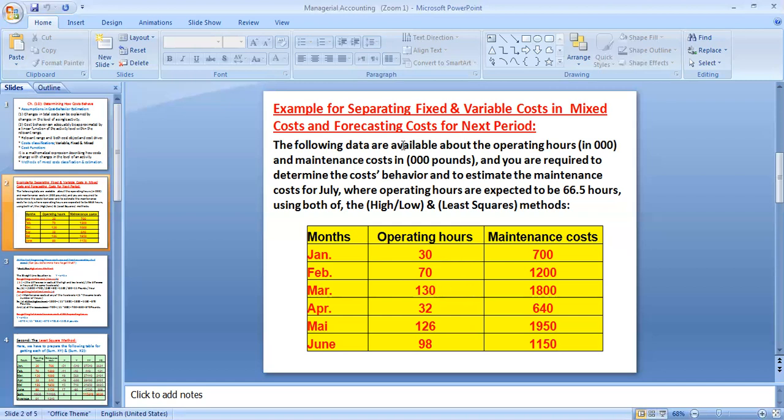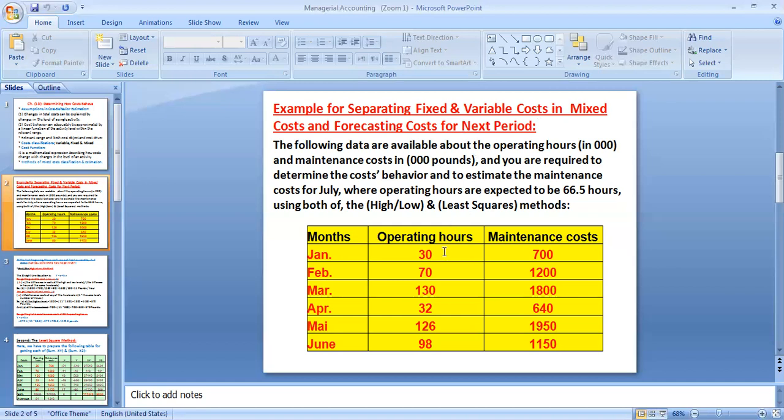That's why I told you that operating hours are in 1,000, for the logic of the case. And it is not logical that maintenance cost during January is 700. It may be 700,000. That's why I said that maintenance cost is in £1,000.